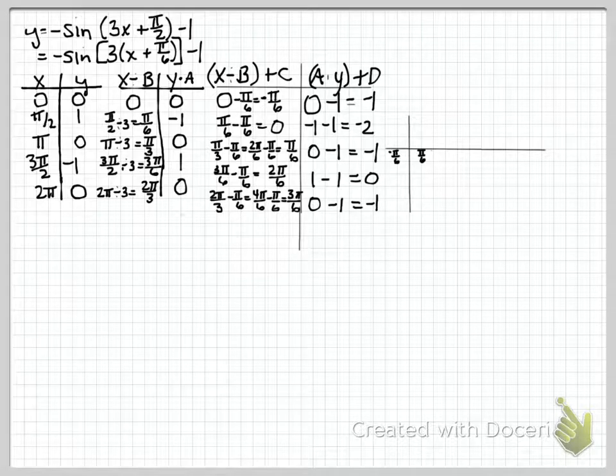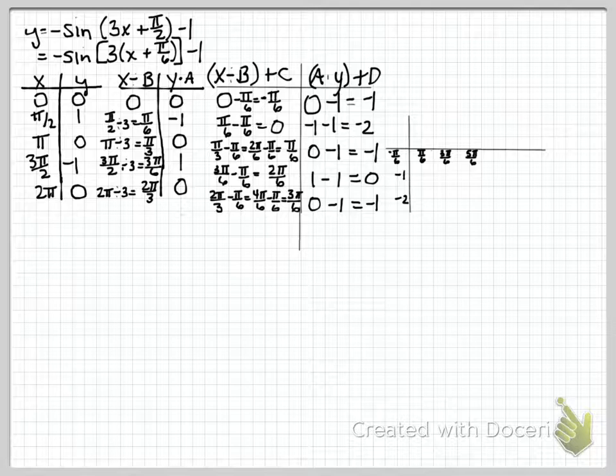Can't probably fit the 2 pi over 6 in there. 3 pi over 6, 4 pi over 6, 5 pi over 6. And I think we have enough. Now on our y values, we can go negative 1. Actually, I'm going to make it a little bit bigger so we can see it: negative 1 and then negative 2. So I'm going to go every other one for that one.